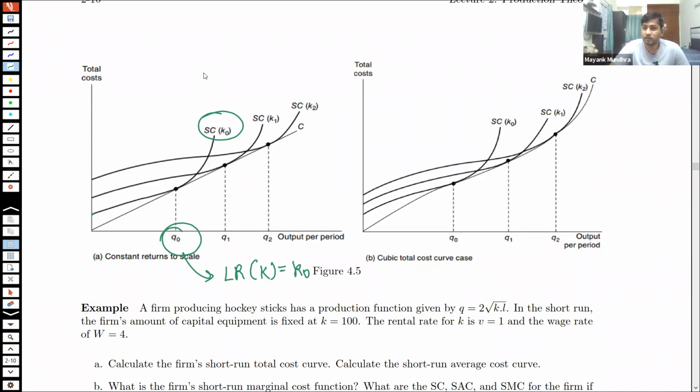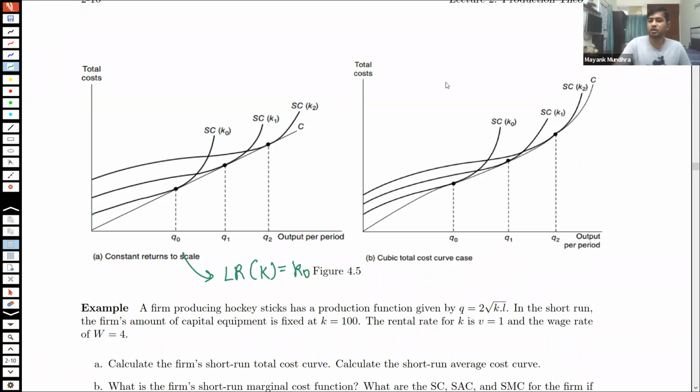Unfortunately, we do not have that benefit. So these short run costs are going to be tangential to your long run cost function, tangent at one point. For different levels of capital, it is going to be tangent at different levels of quantity.